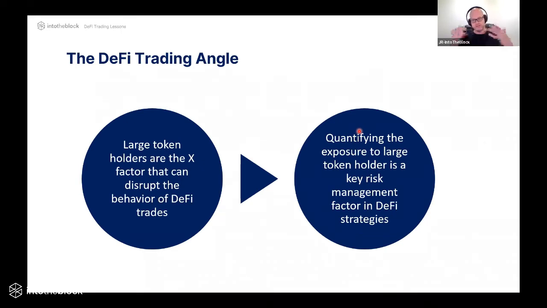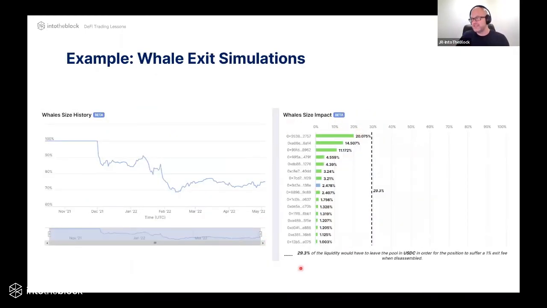The way that we do it is we analyze all the pools and quantify the whale exposure. You can see this is an example of all the addresses in a pool that are above a certain amount, and we run simulations in real time that tell us what happens if this whale exits. By real time, I mean block by block, and that allows us to stay ahead of potential risk conditions.